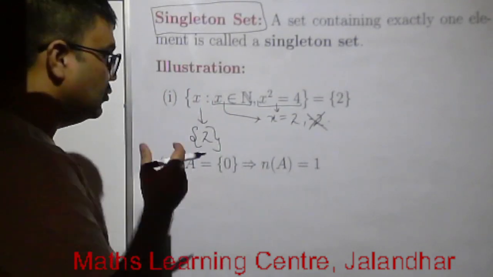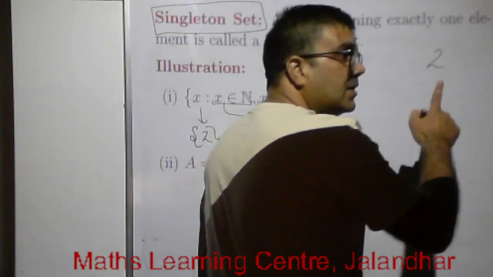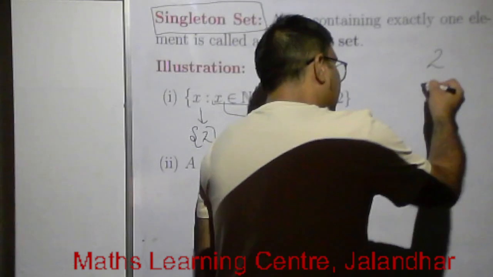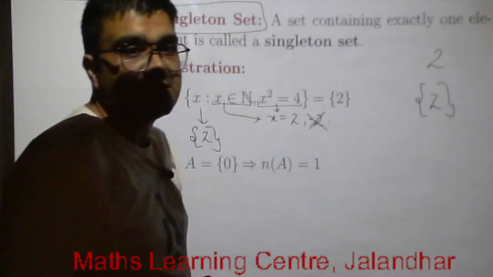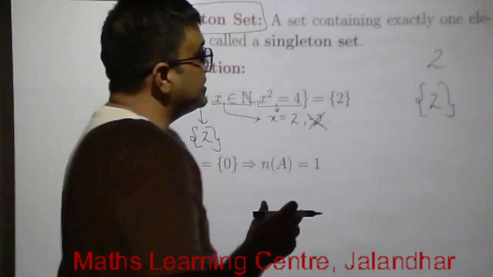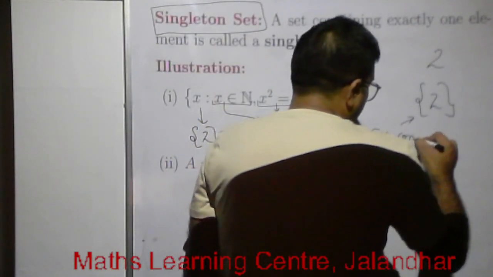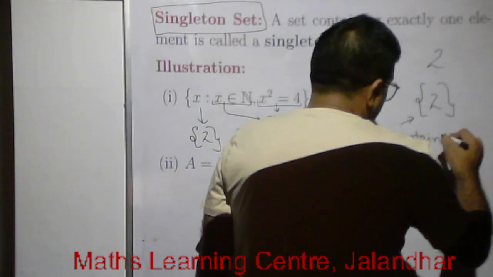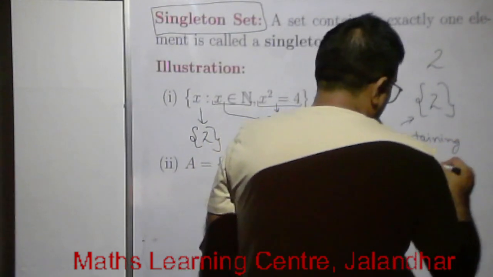Now, note over here, whenever we are writing 2, this is the number 2 we are talking about. When we are writing it in curly brackets, this is the set containing the number 2.